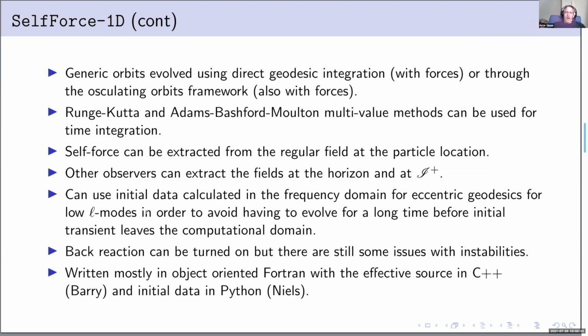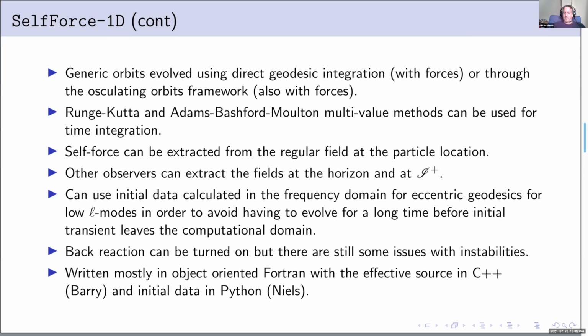But for low L modes, this can take a long time because they decay rather slowly. So we also have the option of using initial data calculated in the frequency domain for eccentric geodesics, especially for the low L modes, in order to avoid having to evolve a long time before these initial transients leave the computational domain.